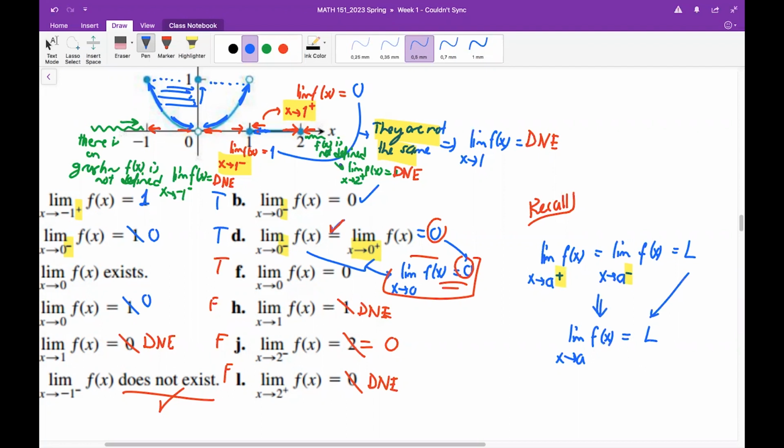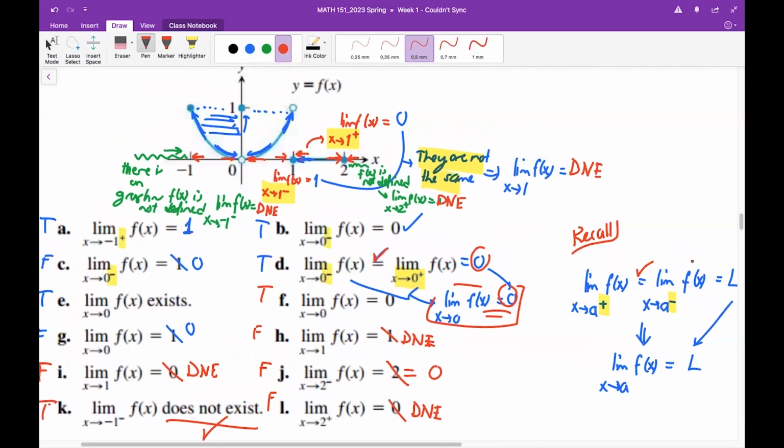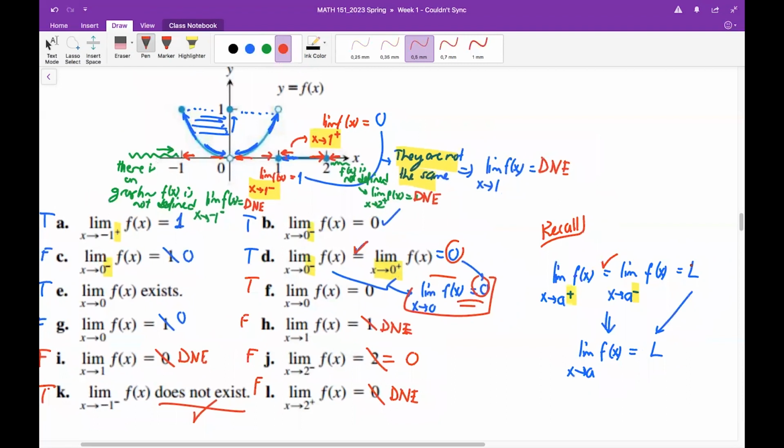This is the importance of one-sided limits. We want them to be the same for our function to have a limit with the same value. Any questions about this part?